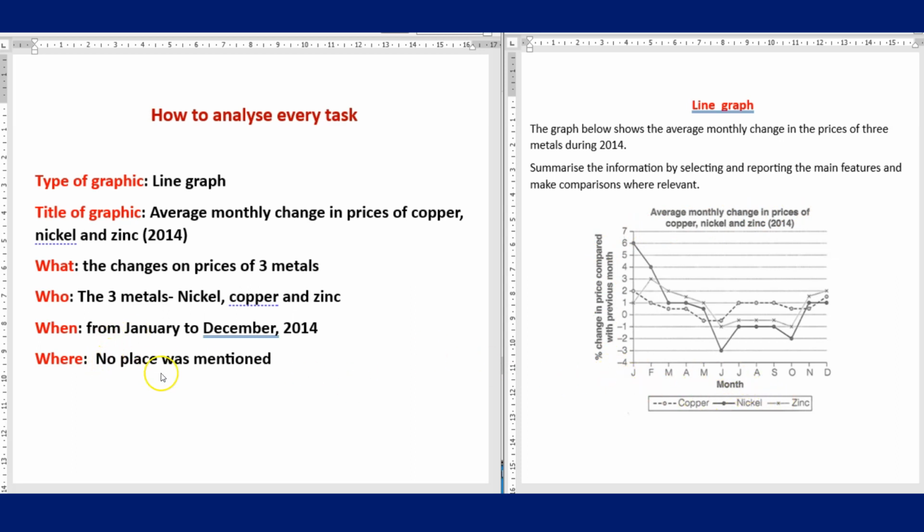So if you are analyzing this, this particular one can just go out, and you only have a line graph which is showing the average monthly changes in prices of copper, nickel, and zinc in 2014 from January to December. So that is the entire information about this particular graph.